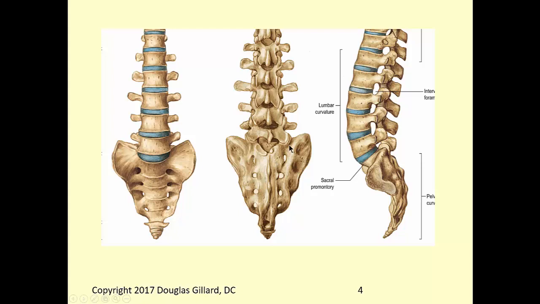Okay, let's look at a P to A view. What are these holes? That's where your posterior or dorsal sacral rami come out. Those are your posterior sacral foramen. How about this? That's your S2 spinous tubercle or sacrotubercle. Let's stay with lumbar spine though.